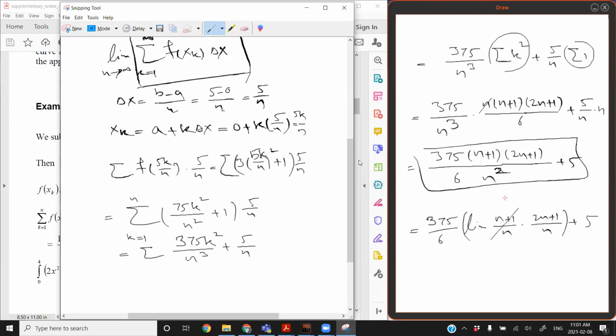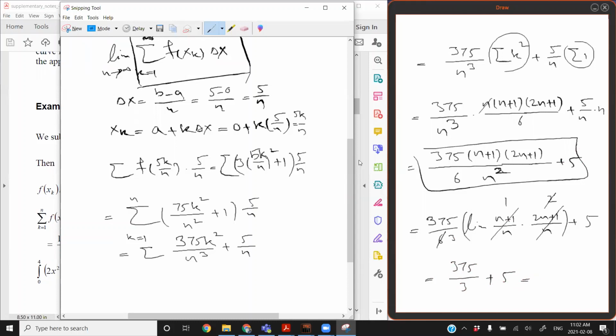The limit of this is going to be 1. The limit of this is going to be 2. So I'm going to be left with, this 2 actually cancels the 6 here. I get 3. It's going to be 375 over 3 plus 5.